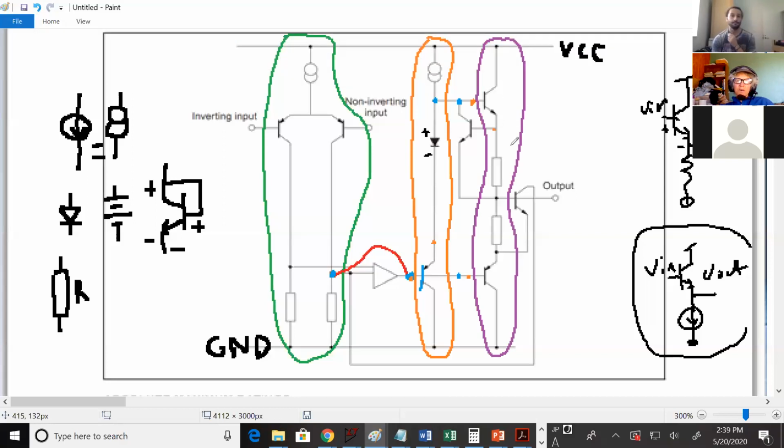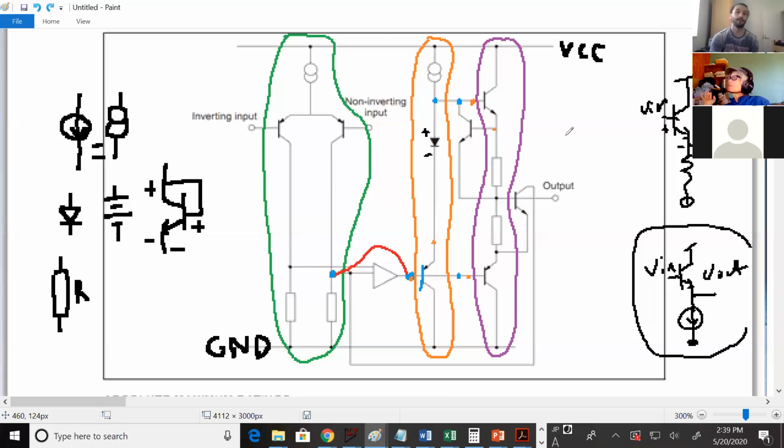There's something going on here with this resistor. Why? Anybody know why that resistor is there? I'll tell you that it protects the circuit.